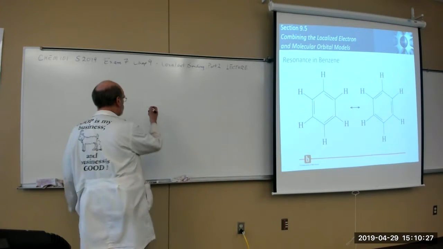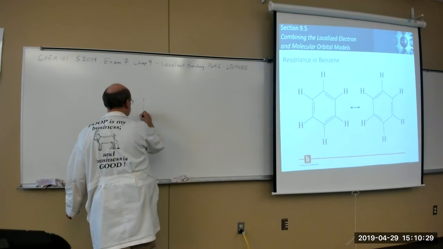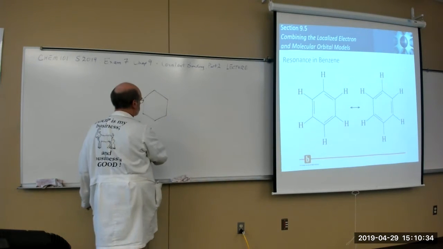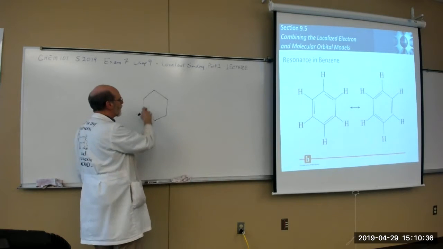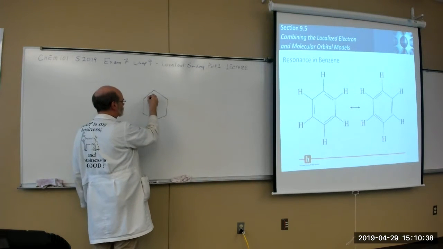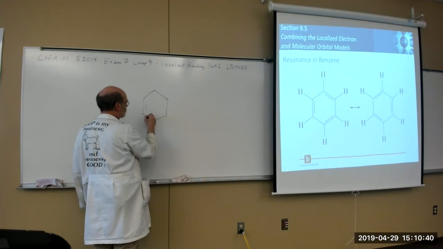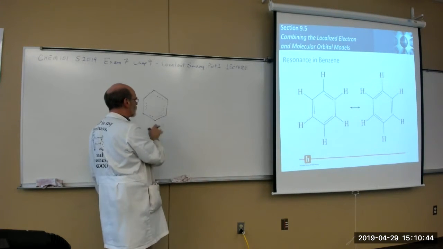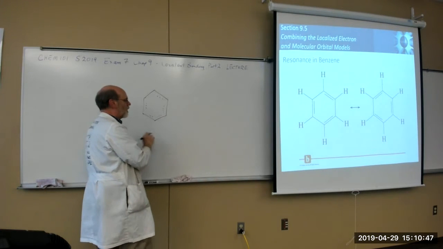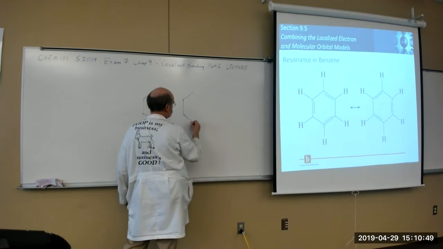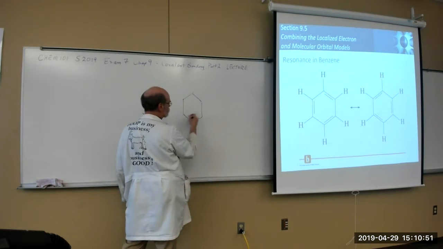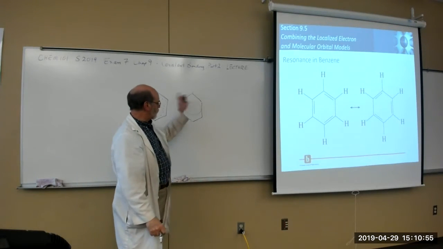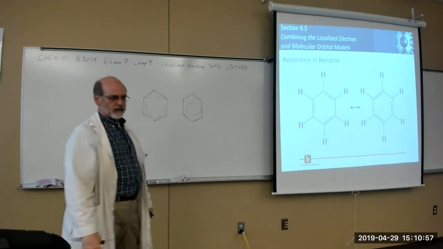The entire molecule has partial double bond character. We could draw it like this. Right? So each bond is equal. Or very often we draw it like this, just as a shorthand way, that shows that all the bonds are equal in the benzene ring.